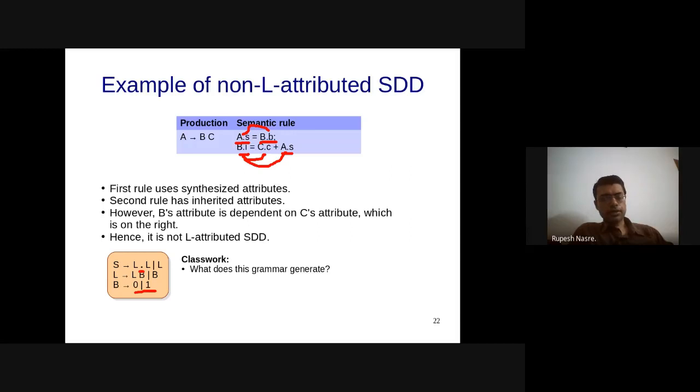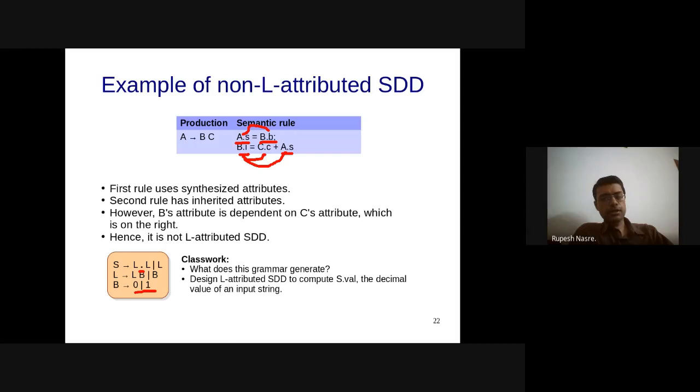Anyway, I think that is kind of clear that there is a bit string of zeros and ones followed by a dot and then another bit string of zeros and ones, right? And there is a single dot in it. So it's a kind of floating point number using binary. Right? So we want to create an L-attributed SDD, right?